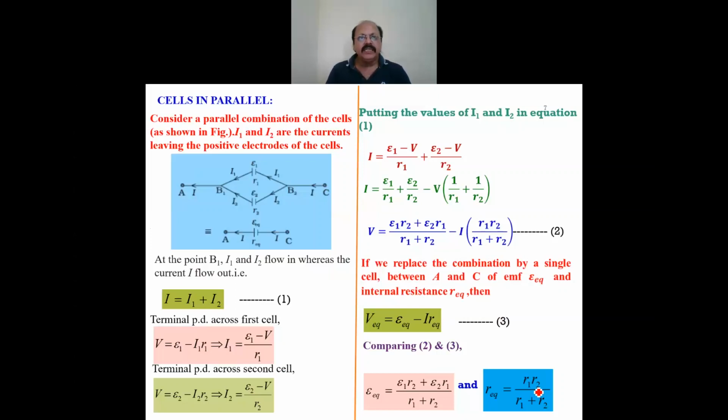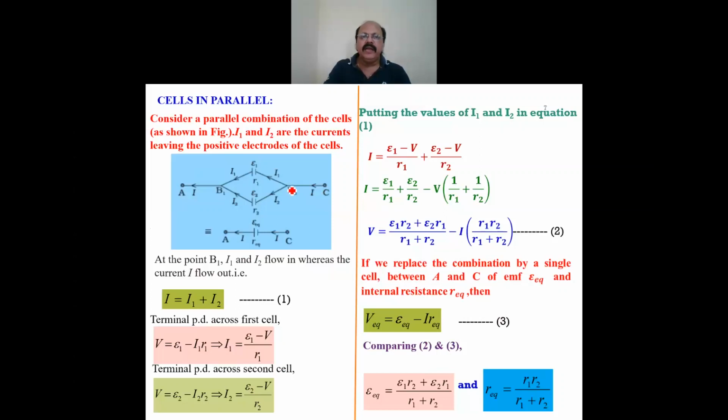So here we are considering two cells having EMF E1 and E2 and internal resistances R1 and R2, and they are connected in parallel to the two points B1 and B2. Current I is flowing.